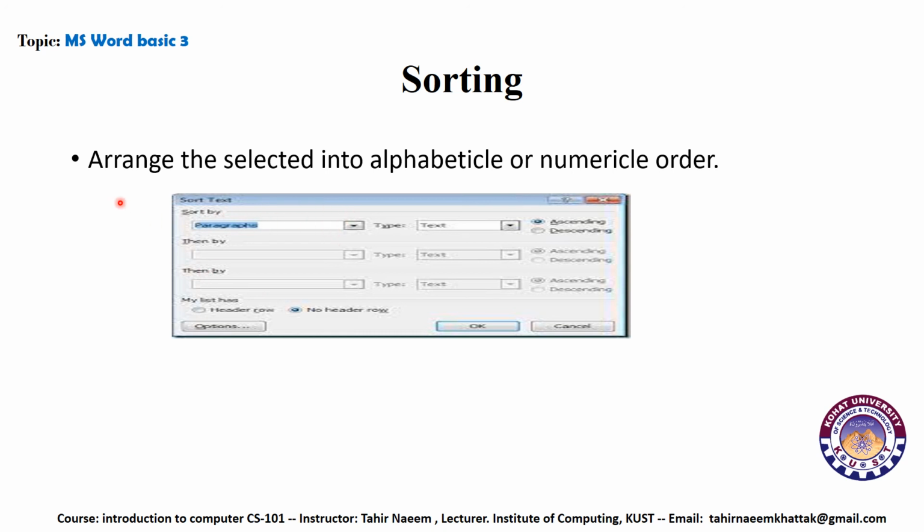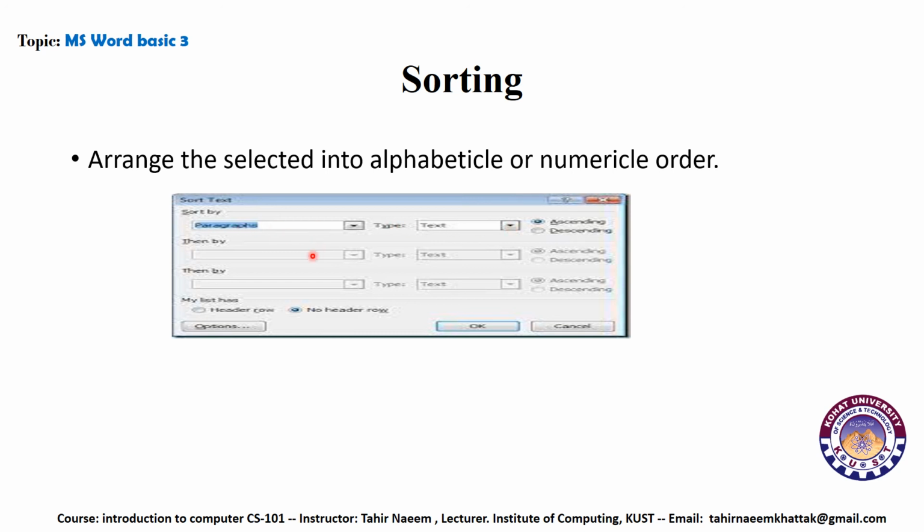If the paragraph is in text form, then here under sort by we choose what we want to sort, paragraphs, and here text, and here different options are present, ascending or descending. Ascending means that it starts from A and ends at Z, while descending means that it starts from Z and ends with A. Here text is also an option and numbers are also an option.